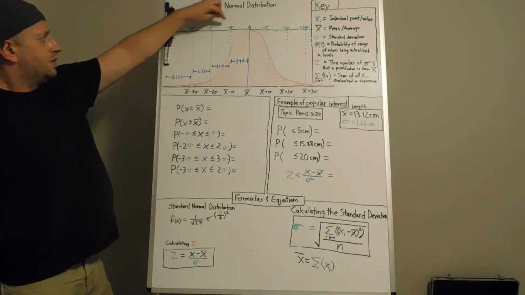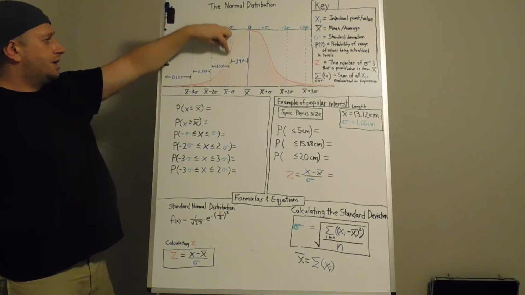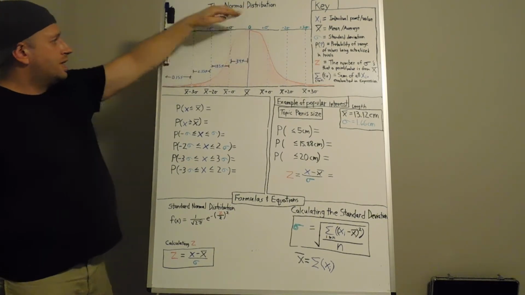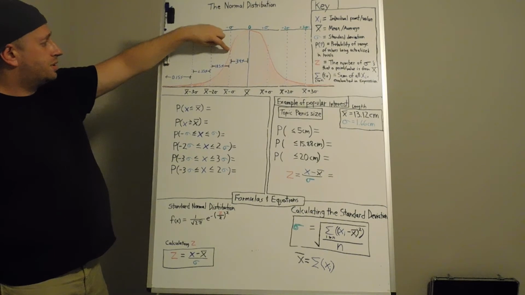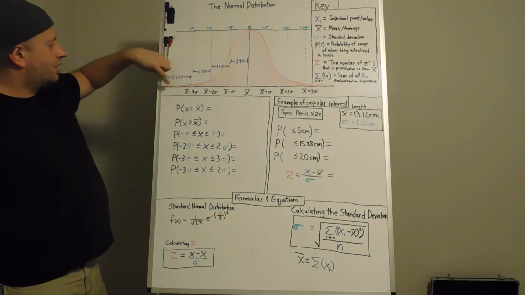One more thing, the standard deviation just happens to be at a point on this curve where it goes from going down really, really fast to all of a sudden starting to taper off.